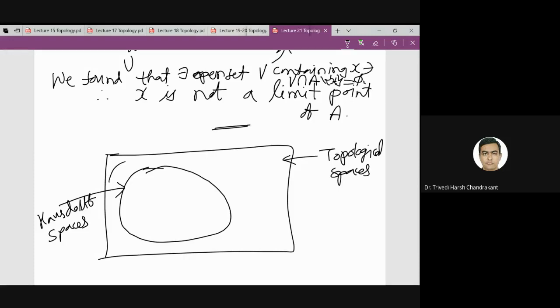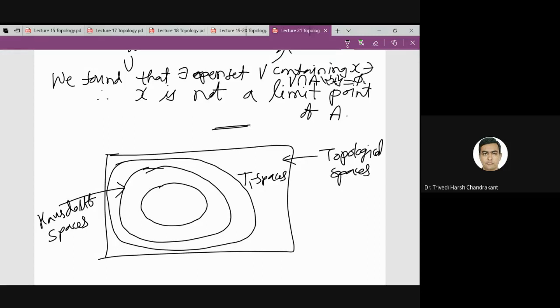Every Hausdorff space is a T1 space, so this is the collection of T1 spaces, and here we have the collection of metric spaces.